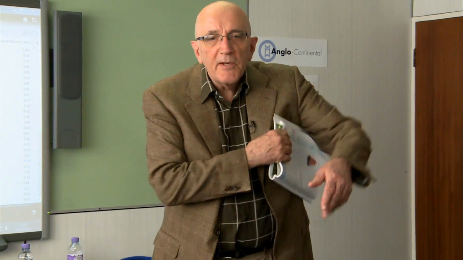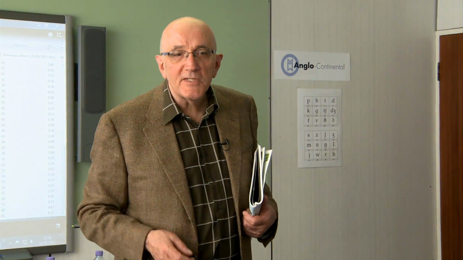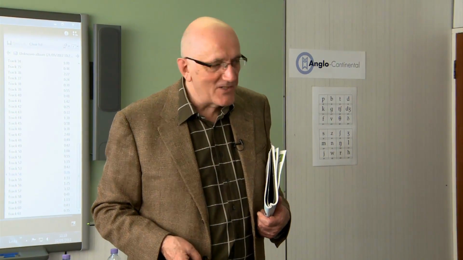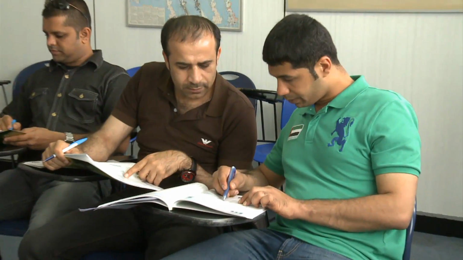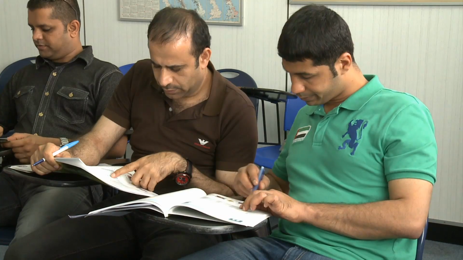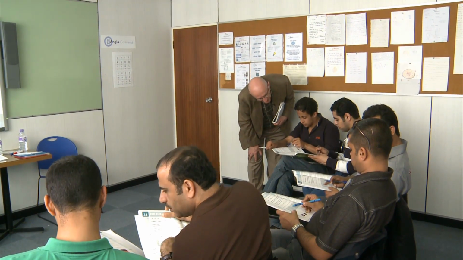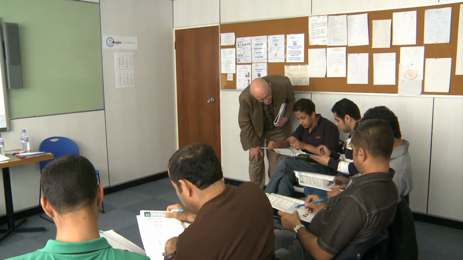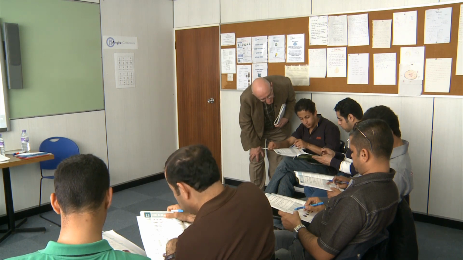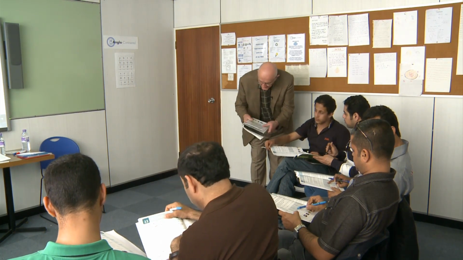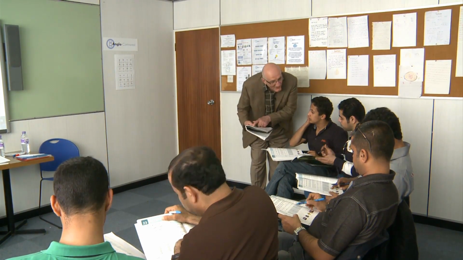Okay, so I would like you to work with a partner, work in pairs, and compare, see if you agree. And then we can see who is correct and who is not. I have to look myself.